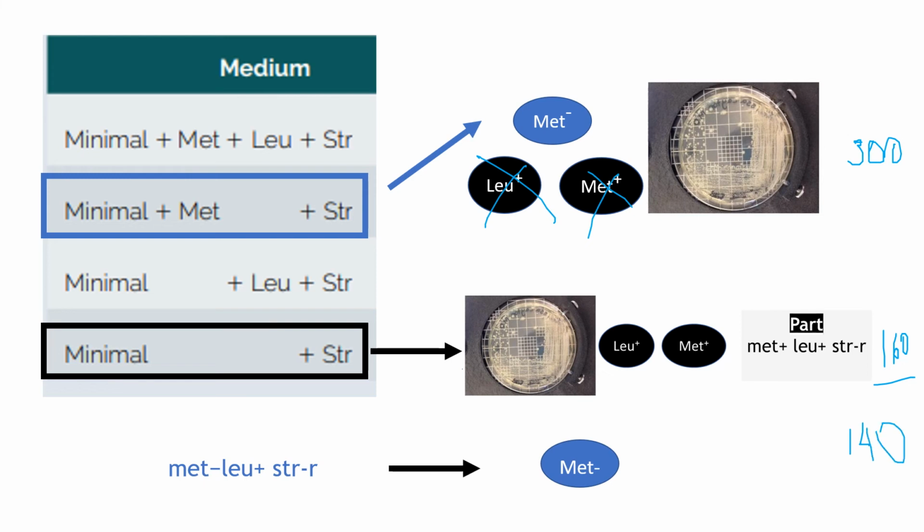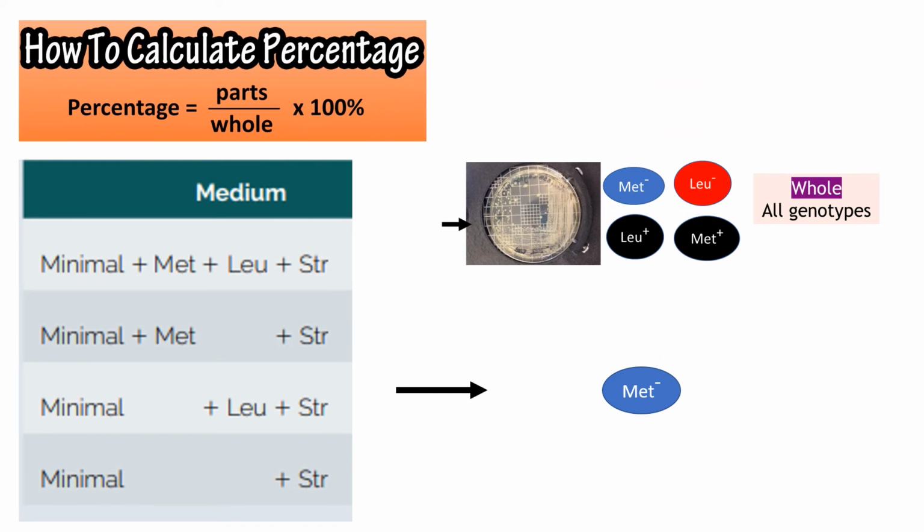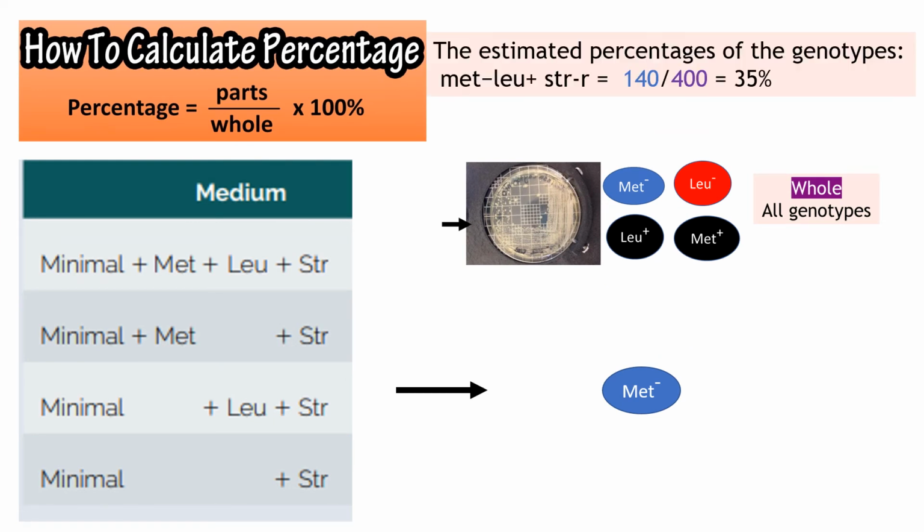The next step is to get the percentage, which is very easy. It's again the whole, this one, the 400, and the part will be only this one, 140, divided by the whole and multiplied by 100, and this gives us 35%.